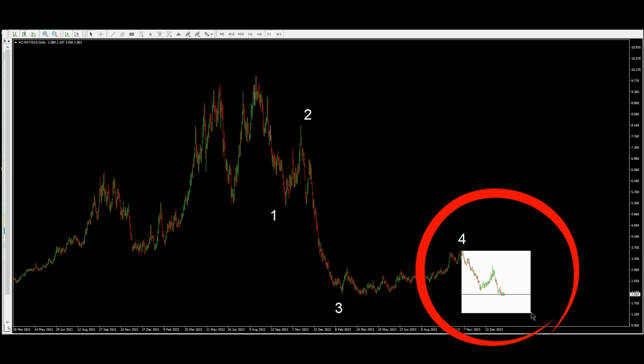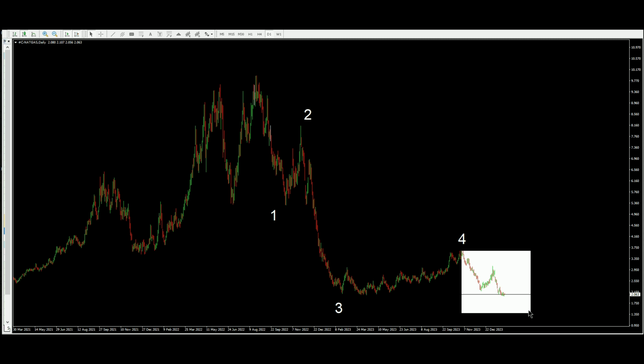Where is end of wave 5? Last week I said maybe near $2, but let's see today where is our support and where is our resistance this week.